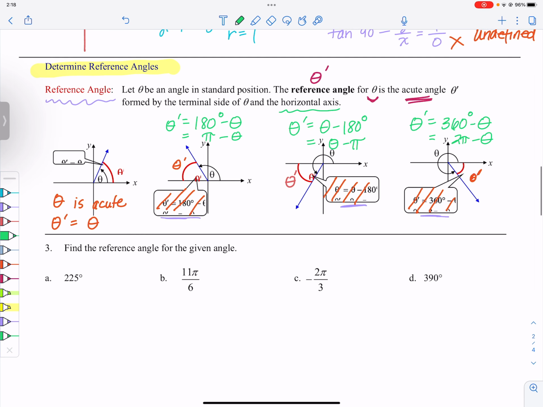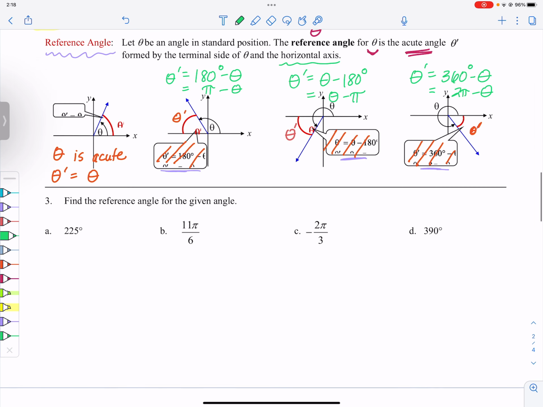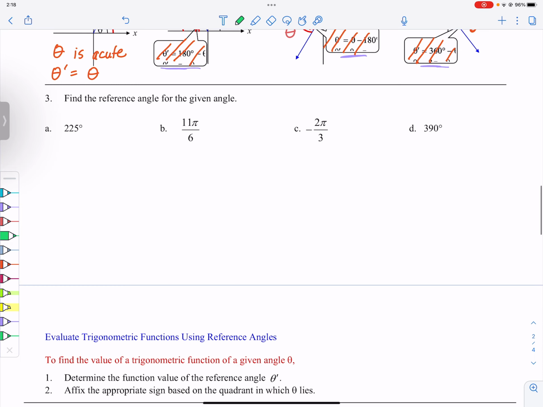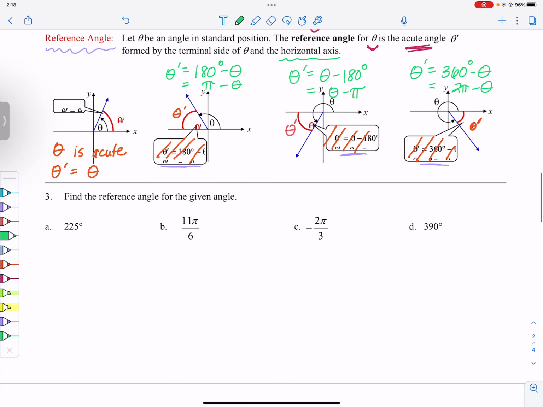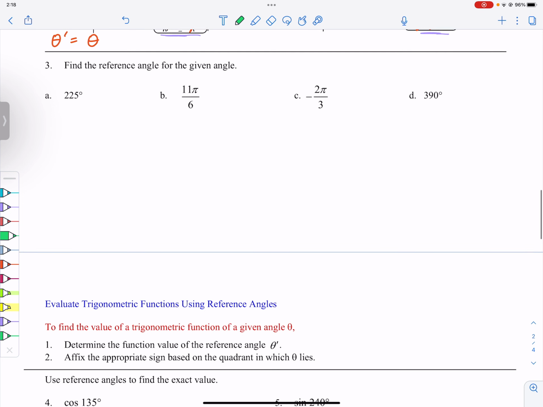I would take them one at a time by drawing a sketch. Let's give some of these a try. So instead of memorizing, just try to understand from your sketch. So I'm going to go ahead and make a sketch here.